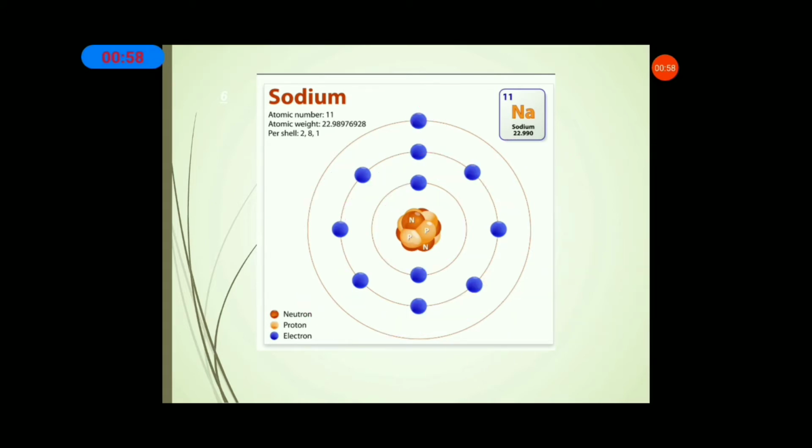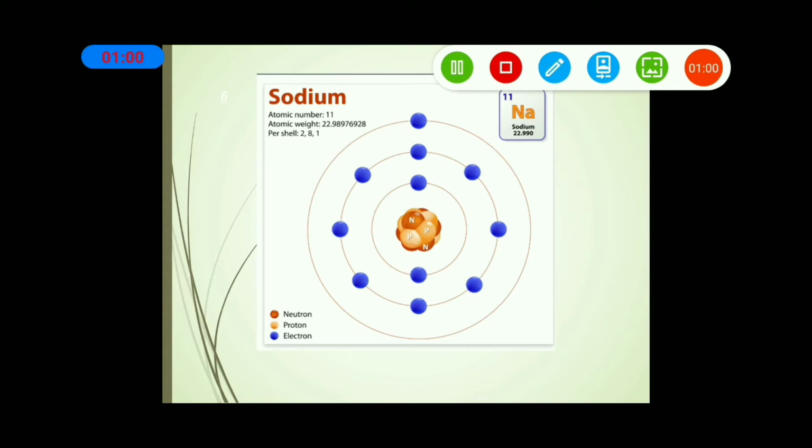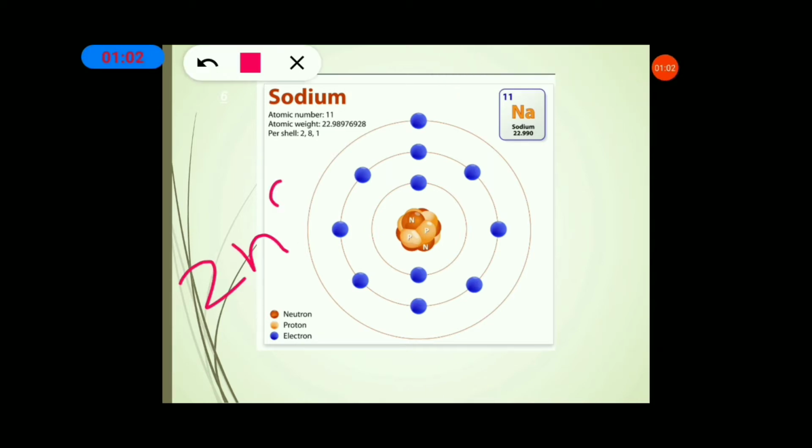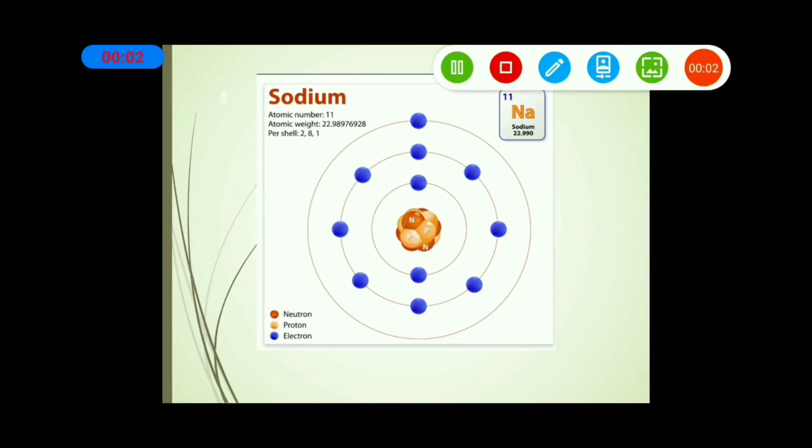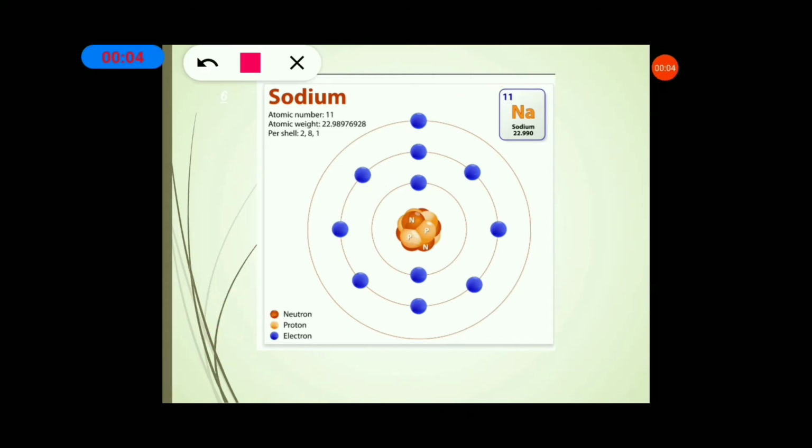How are they filled? There is one formula, 2n square. By using this formula, we can find out the number of electrons that revolve in a particular shell. The first shell, which is closest to the nucleus, is called the K shell.